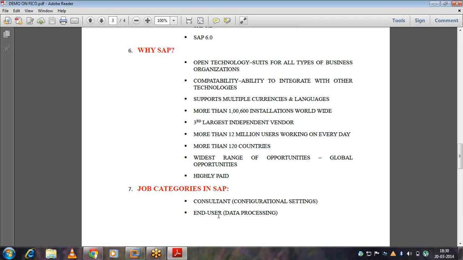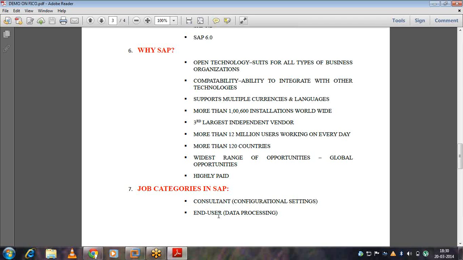But for processing the transactions by the end user, some back-end settings are very much required. Without those settings, it is not possible for the end user to process the transactions.